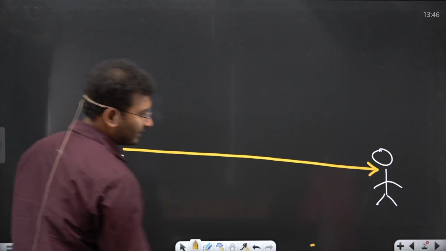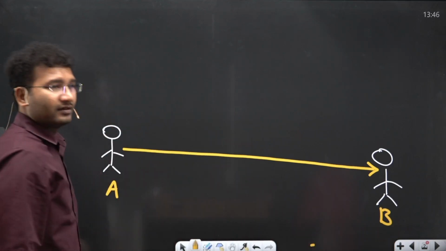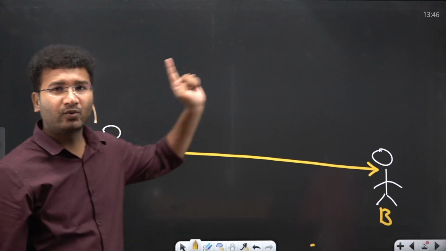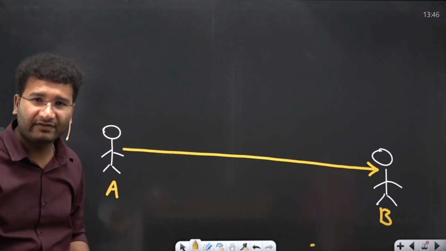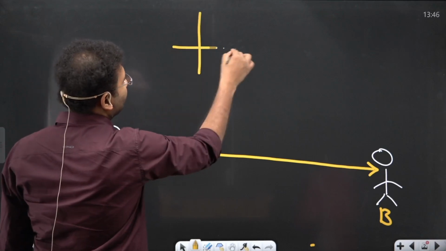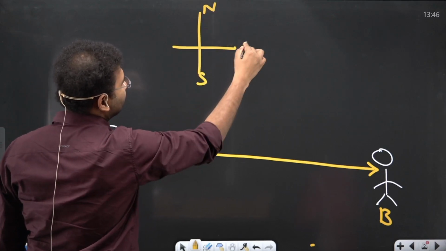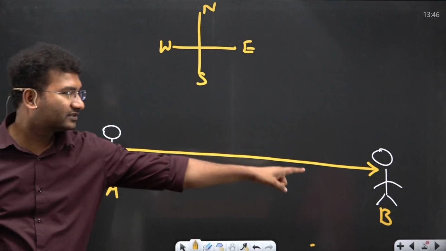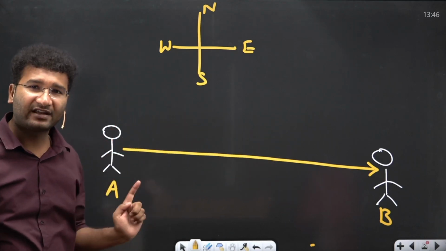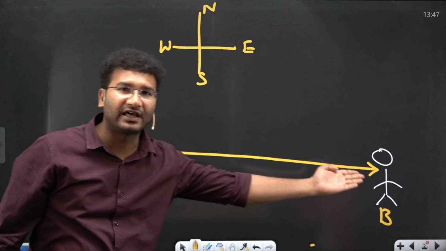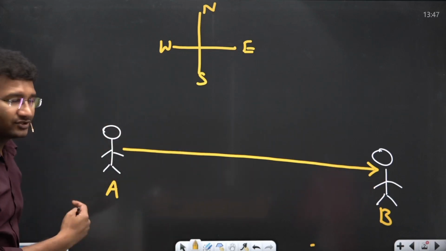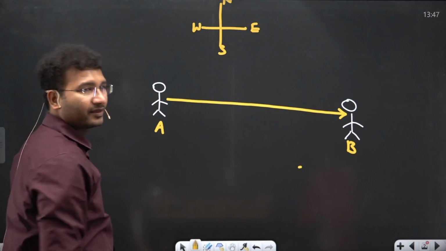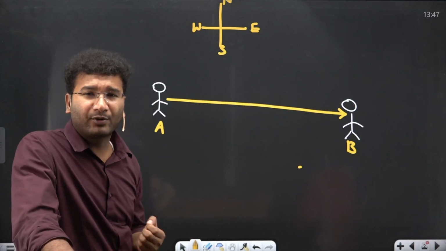If this is person A and this is person B, person A sends a wave and it goes to B. What is the direction of the wave? If this is north, this is south, this is east, this is west, and this person is sending the wave towards person B, the wave direction is forward. The direction of the wave is A to B.